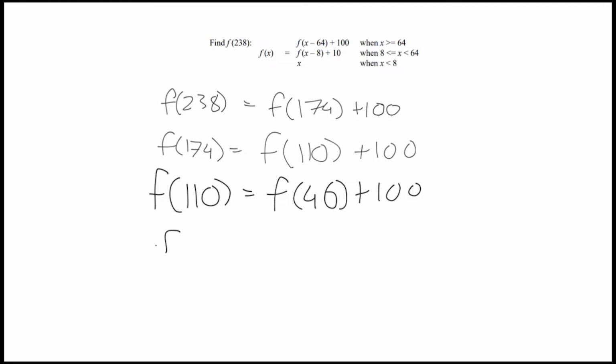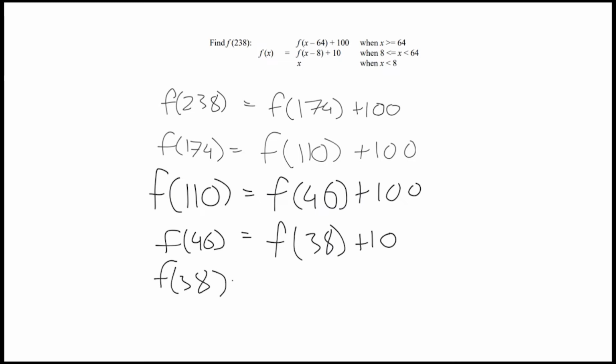Now f of 46, well, 46 is less than 64, so we're doing the second condition. And so we're going to subtract 8, so we'll get f of 38 here plus 10. And then once again, f of 38 equals f of 30 plus 10.